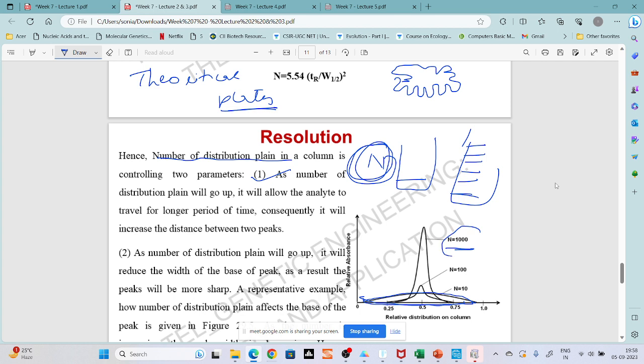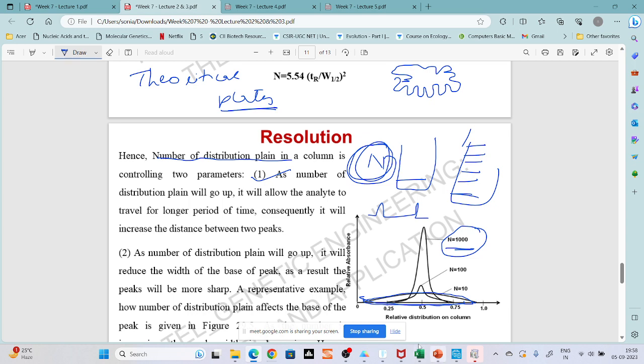That means N, capital N, is the number of distribution planes. So as we are increasing N, which represents the number of distribution planes, your peaks are becoming sharper. The distance between the two peaks is also increasing, and the width of the peak is also decreasing. Fine.